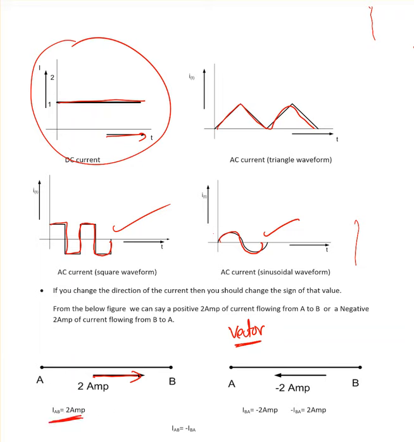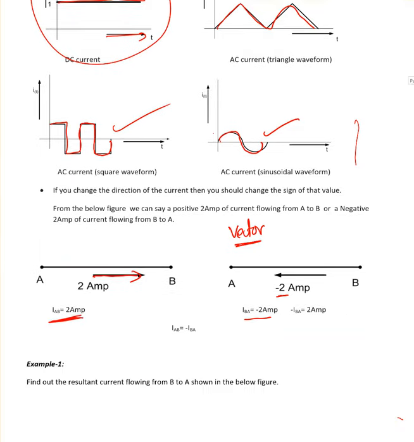Now we can change the current direction and say I_AB equal to negative 2 amperes is flowing in the opposite direction. Since it's a vector quantity, we can change the direction. When we change the direction, make sure you change the sign of the magnitude.